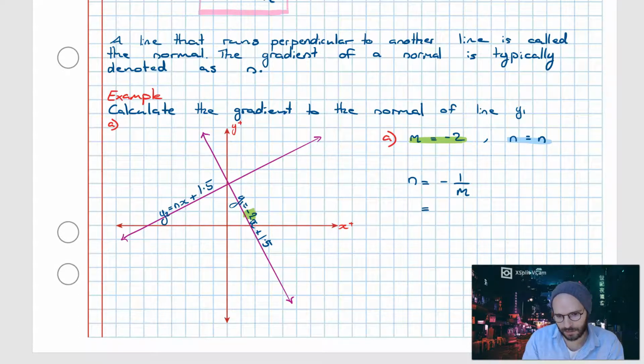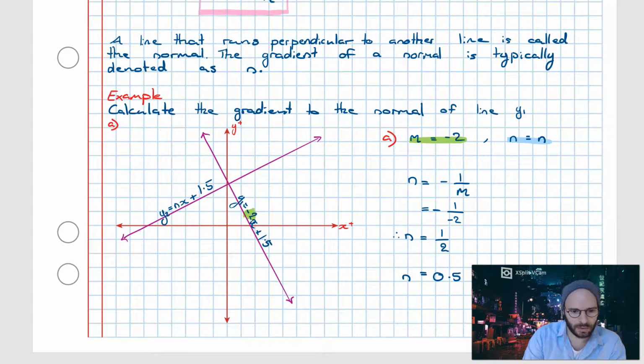Calculating this, subbing in the value for m, we're going to get -1/-2, and because we've got a double negative, they're going to cancel out. So we're going to get a gradient for the normal to be simply 1/2, or we can write it as n is equal to 0.5.